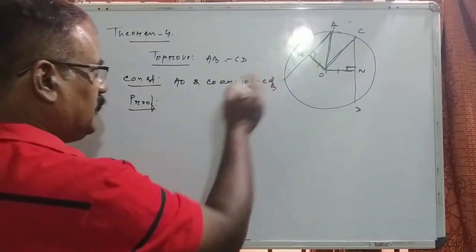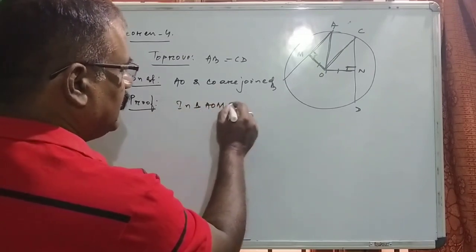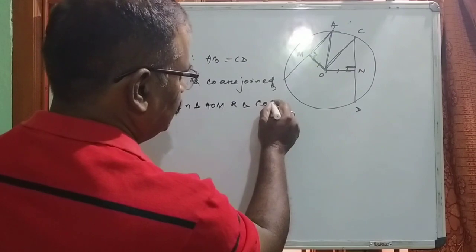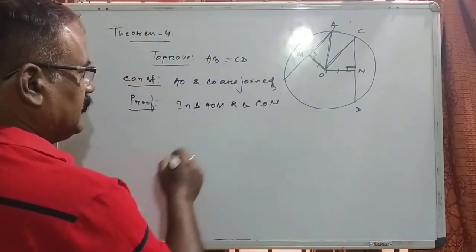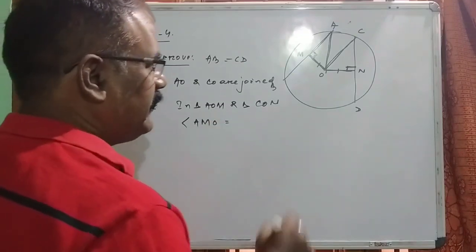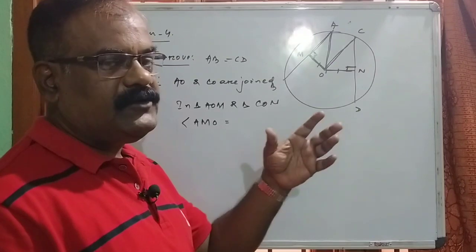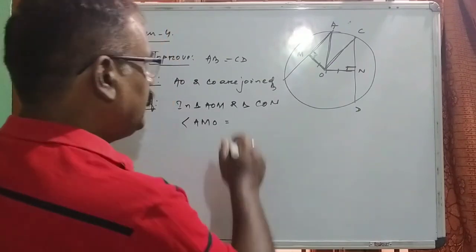So first we will compare in triangle AOM and triangle CON. Angle AMO, as I said before, try to write that in a sequential manner so that it will be better to see in which postulate you are following.